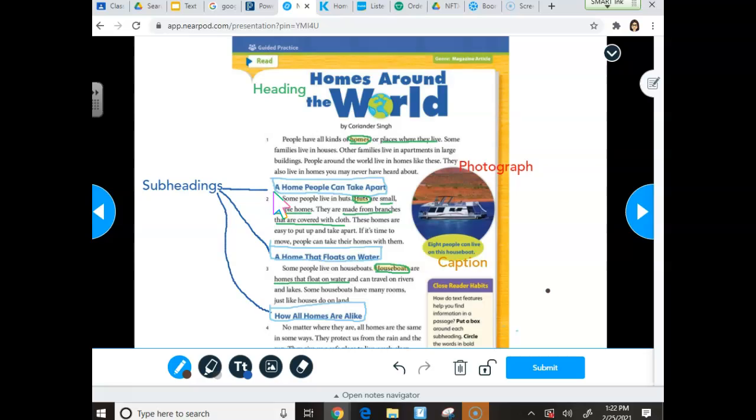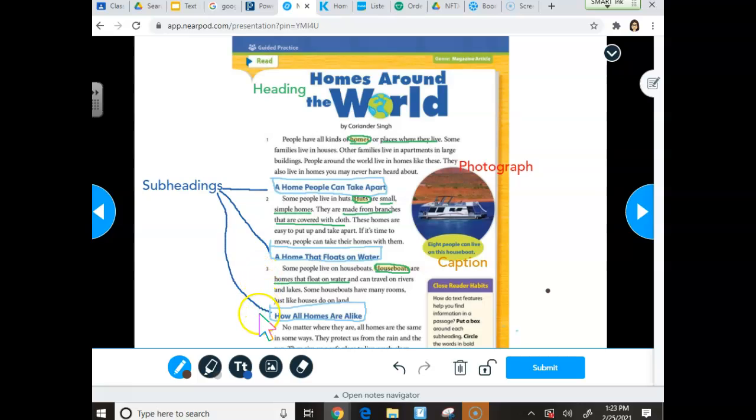So when you hear the subheading, a home that people can take apart, you automatically say, oh, I remember, that's a hut. All right, you have a home that floats on water. We have the photograph of the houseboat, and we can automatically think about it. Hey, that's a house on the river. That's a house on the lake.